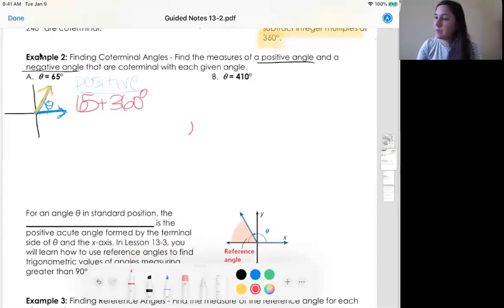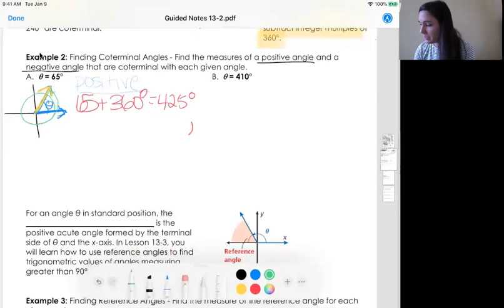So 65 plus 360 gives me 425 degrees. There is a positive coterminal angle. So let's draw that. There's 360 degrees, but we need to go another 65. And there it is. It comes right back to the same terminal side. That is a positive coterminal angle, same terminal side.